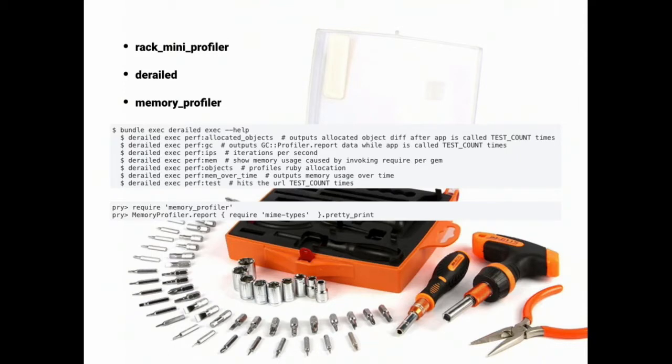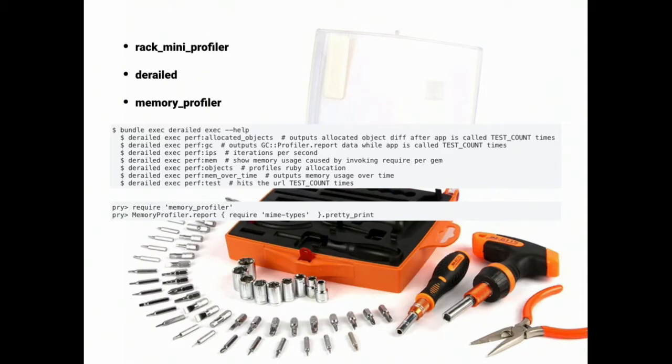So with Derailed, we can debug things like the startup memory our app requires from requiring all gems from the bundle. We can also trace memory usage over time, which is particularly useful, get heap dumps, and do other cool stuff. And there is also Memory Profiler, which is a little gem that is the most useful for locally scoped debugging.